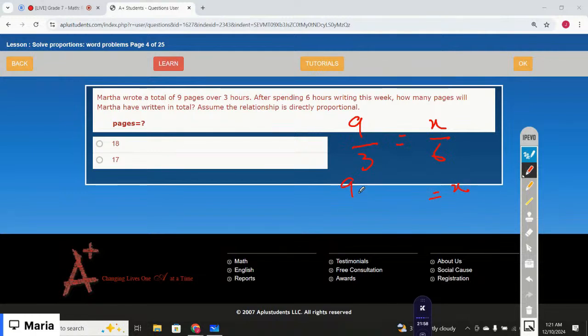That is x equals 9 times 6 divided by 3. 3 times 1 is 3, 3 times 2 is 6, right? So x equals 9 times 2. That is x equals 18. Option number 1 is the correct option.